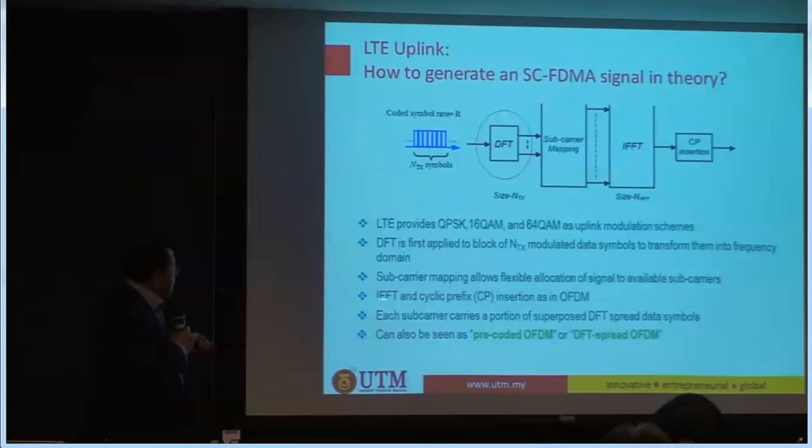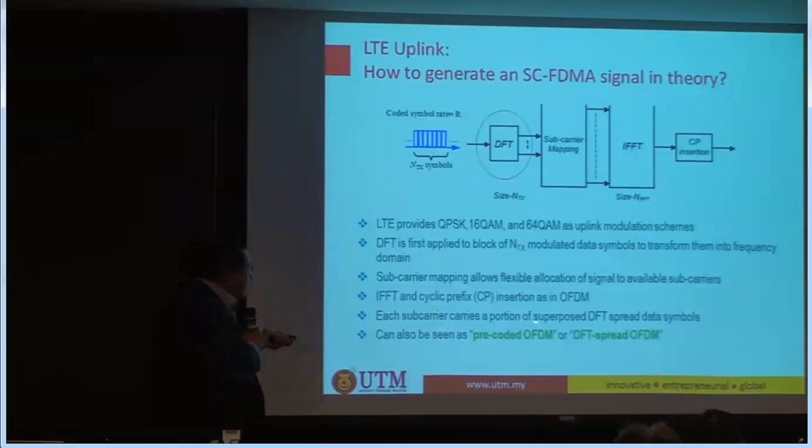But they still have the IFFT, and they still have a cyclic prefix insertion to overcome intersymbol interference. Each subcarrier carries only a portion of the symbols. That's why sometimes we call this pre-coded OFDM: before you use all of them, you do a pre-coding to spread out the symbols into different subcarriers.